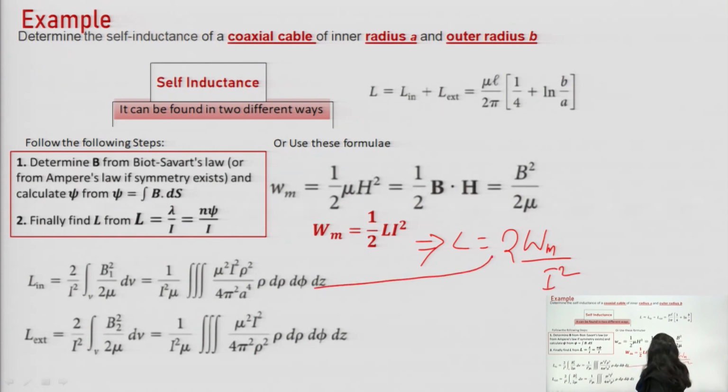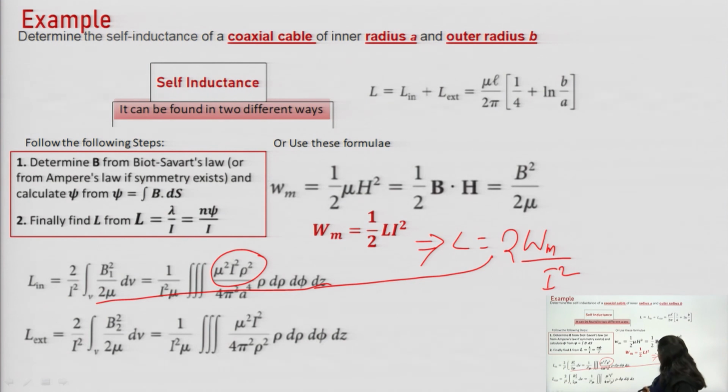We know the value of magnetic flux density B in both regions, for the internal conductor as well as the external conductor. So we simply put the value of B and then solved this.